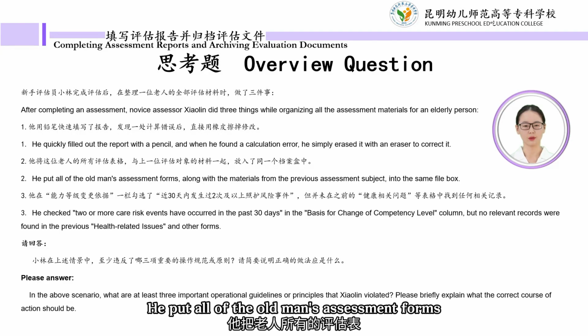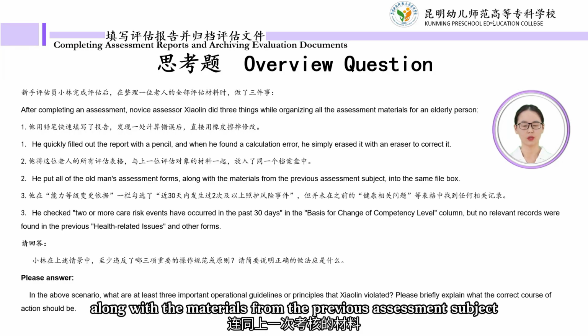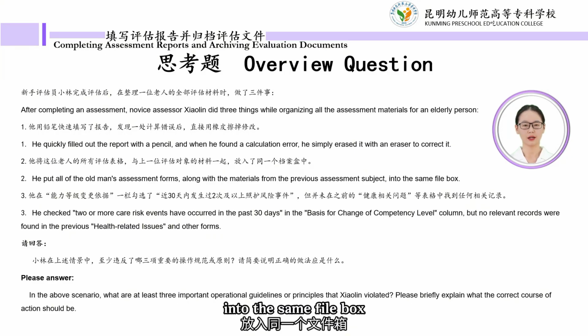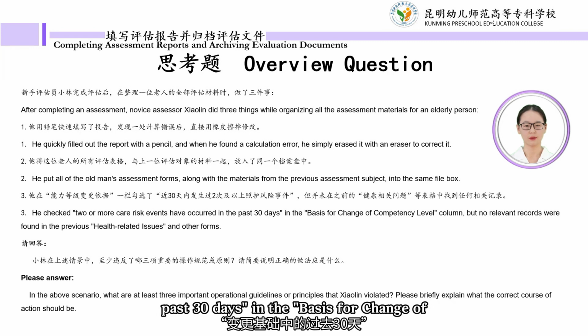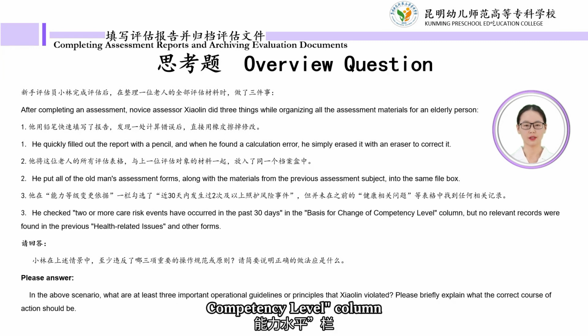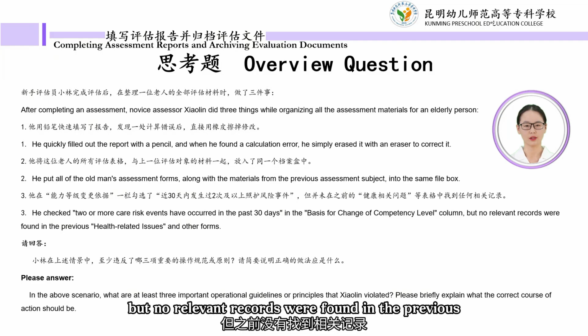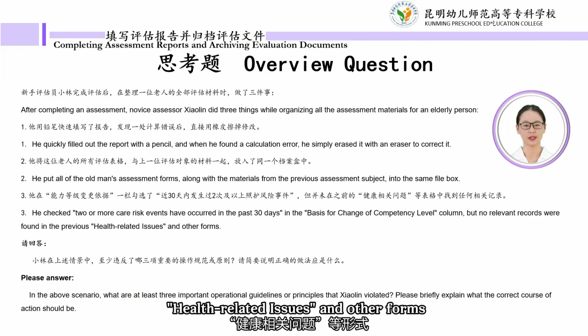Second, he put all of the old man's assessment forms, along with the materials from the previous assessment subject, into the same file box. Third, he checked that two or more care risk events have occurred in the past 30 days in the basis for change of competency level column, but no relevant records were found in the previous health-related issues and other forms.